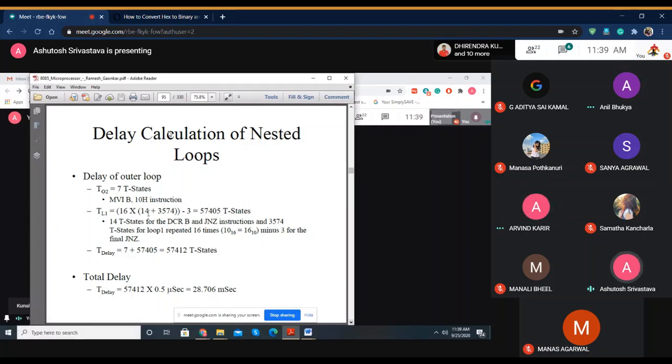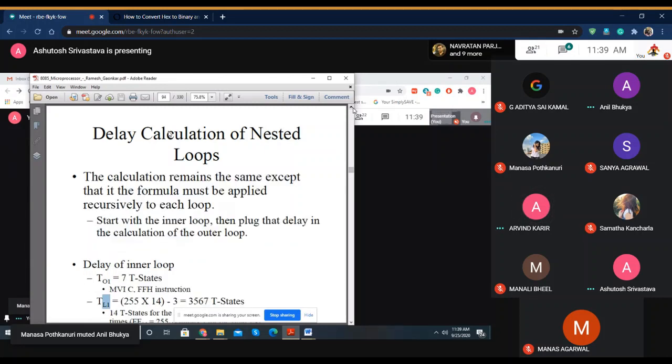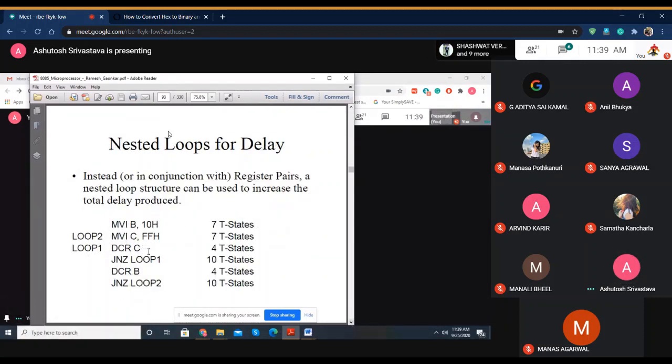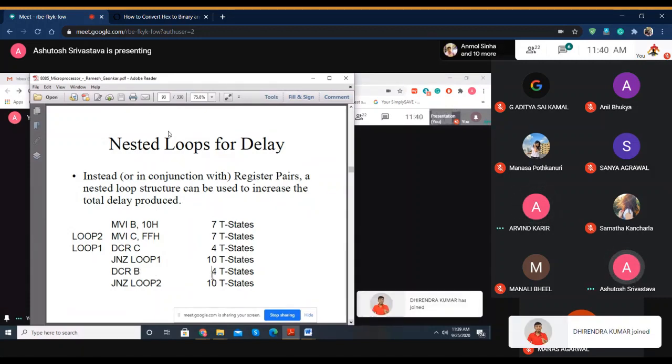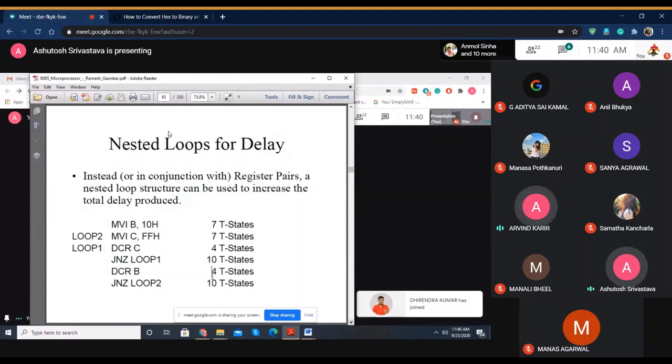And then 14: 10 plus 4, 10 for jumping from loop 2 to loop 1 and 4 for decrementing the value by 1, like 16 to 15, 15 to 14. Correct. That's why it's 14.